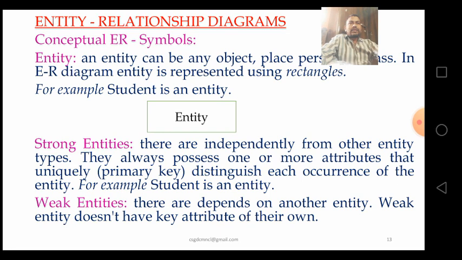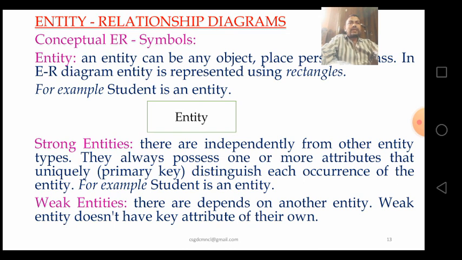In an ER diagram, an entity is represented using rectangles. For example, student is an entity. Here the entity is drawn using a rectangle shape.